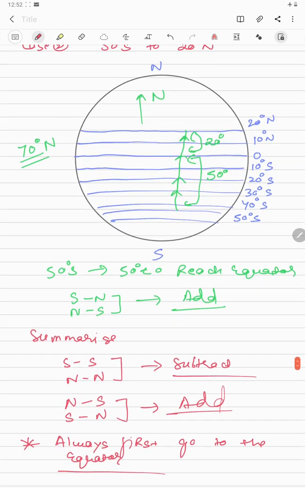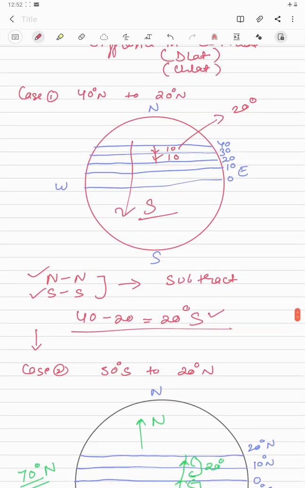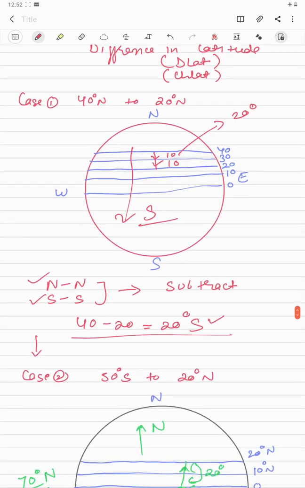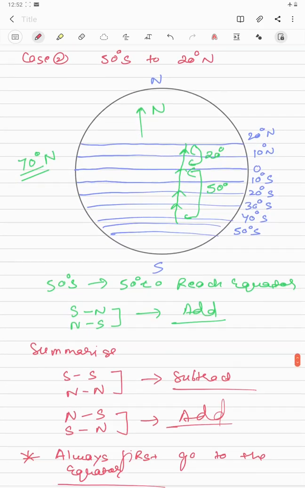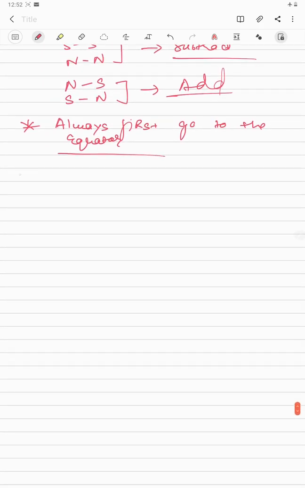So this was all about your change in latitude and change in longitude. In the next video, guys, we will be discussing a very important topic, which is known as the back case of earth. What is the back case of the earth?